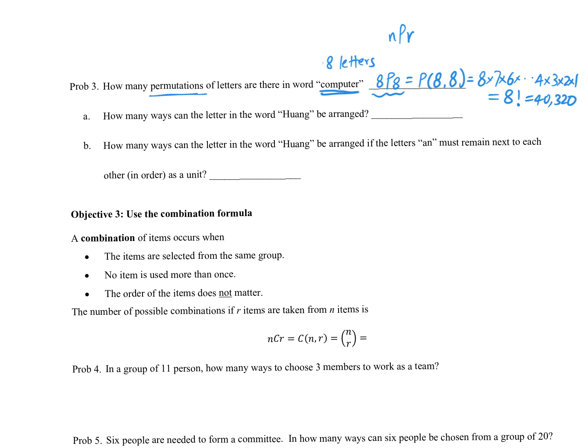Now, another way of looking at this: you remember in the last learning objective, we learned how to use the multiplication rule, or the fundamental counting principle, right? In this case, because we have 8 letters, there are 8 little spaces. How many ways to fill in the first one? There are 8 to choose from, so it's 8.